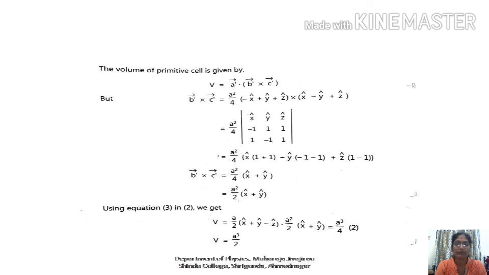A cube by 4. Initially we wrote a cube by 4 into the value of x dot x1, value of y dot y1, 1 plus 1, 2. So 2 ones are 2, 2 twos are 4. Therefore the volume comes out as a cube by 2.